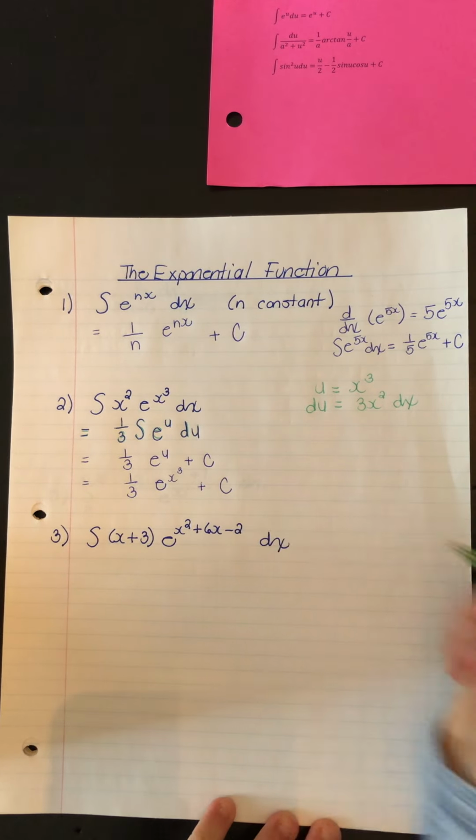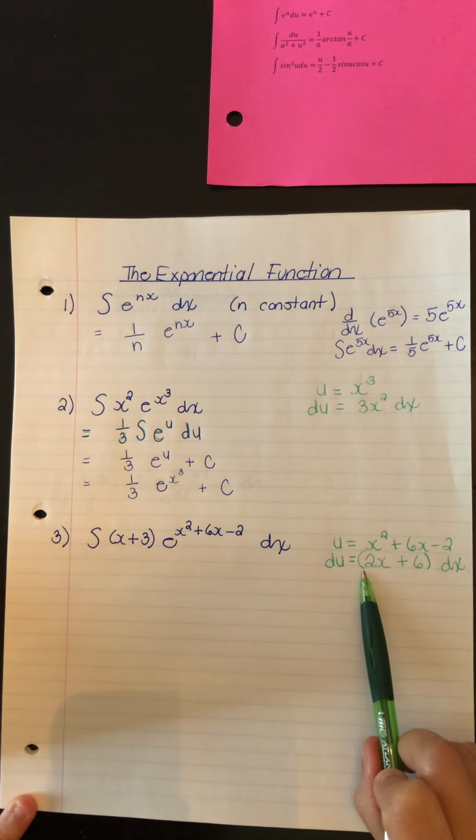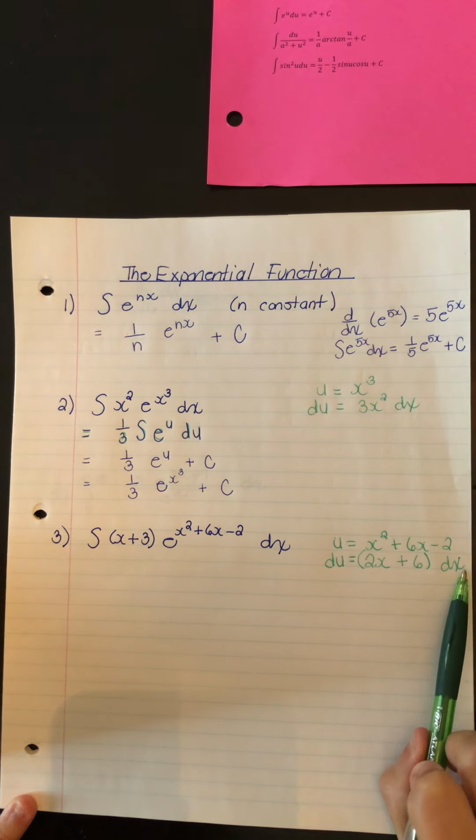Okay, so now taking a look at what we have here, this of course becomes e to the u, e to the u. So the question is, how does this x plus 3 dx compare to this 2x plus 6 dx? Well, x plus 3 is 1/2 of 2x plus 6.